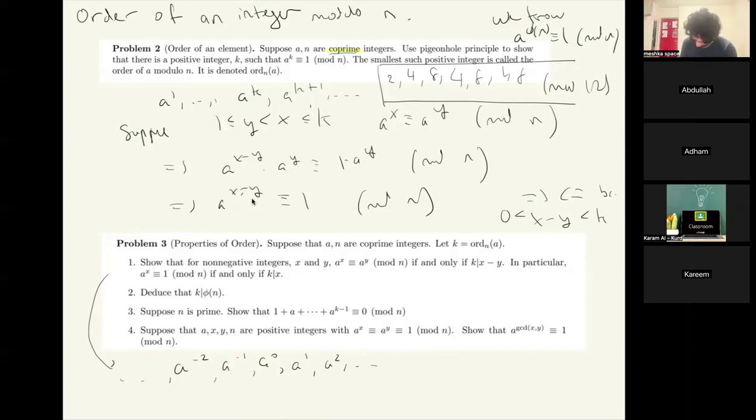But if we want to be formal, we can say this: a to the phi of n is congruent to 1, which is a to the 0, mod n. So property 1 tells us that k divides phi of n minus 0.